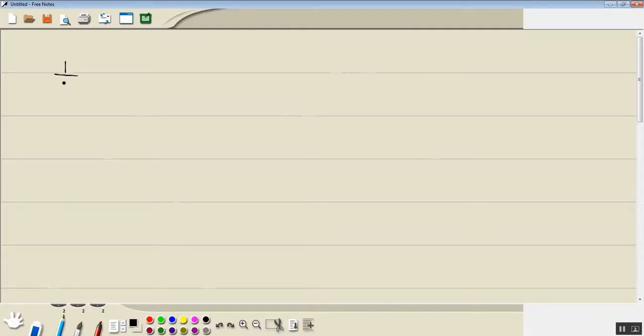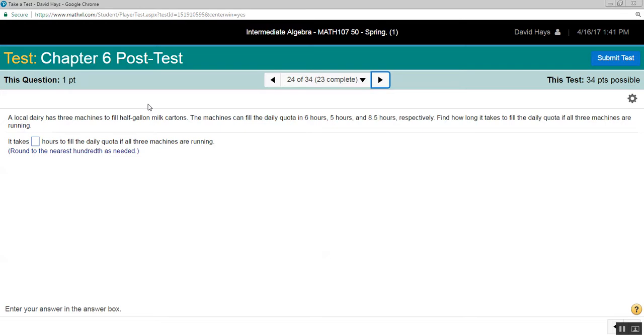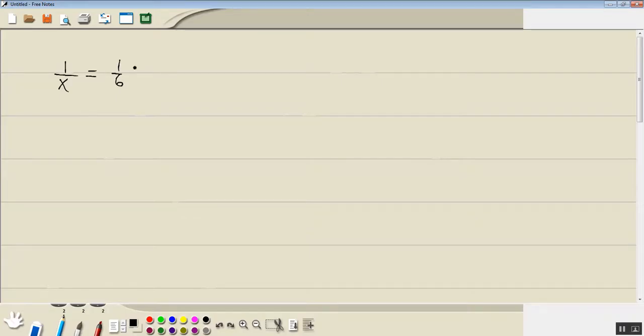Okay, I think this is a shared work problem. So we'd have 1 over x is equal to 1 over 6 plus 1 over 5 plus 1 over 8.5.